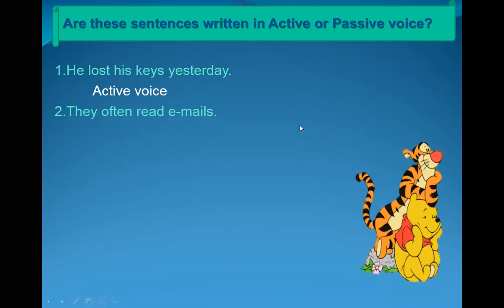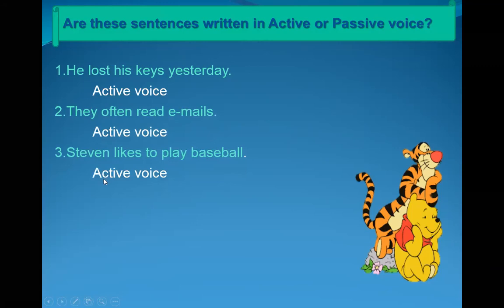Who can answer it? Active voice. Excellent, because the subject is known. Number 3, Stephen likes to play baseball. Also active voice. Perfect.